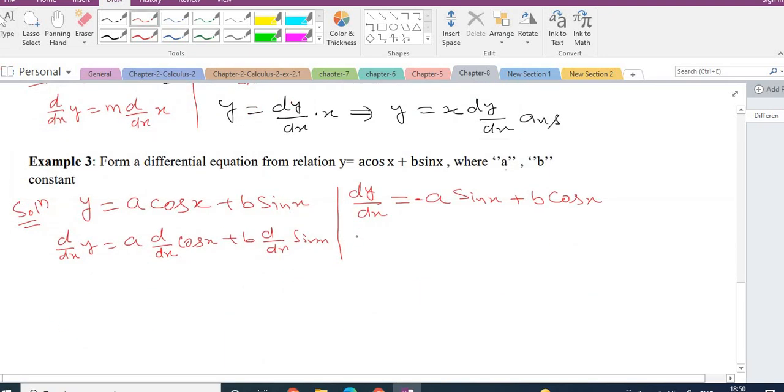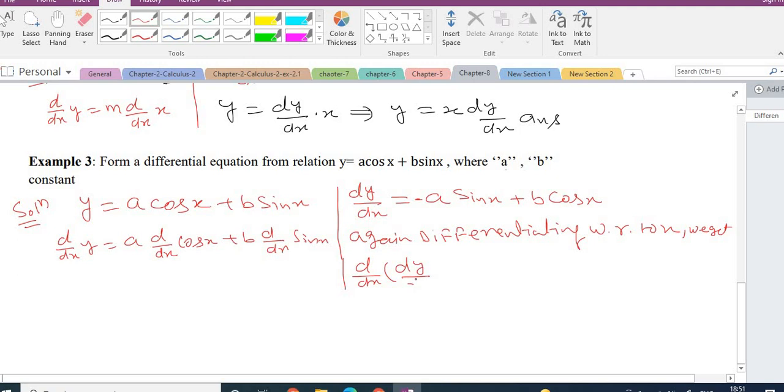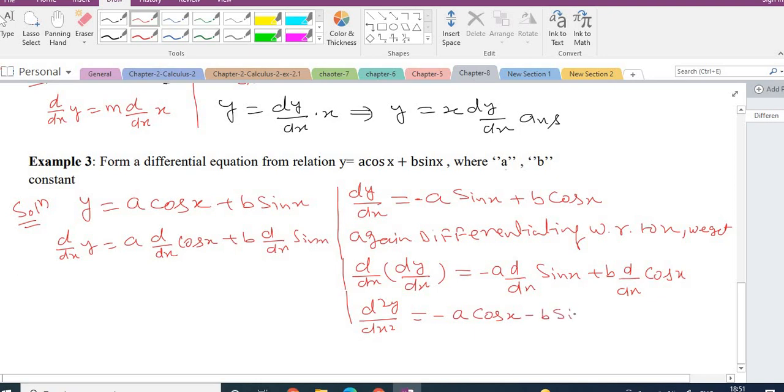Differentiating dy/dx with respect to x, we get minus a times d/dx of sine x plus b times d/dx of cosine x. So d/dx of dy/dx, meaning d2y/dx2, is equal to minus a times d/dx of sine x, which is cosine x, and b times d/dx of cosine, which is minus sine x.